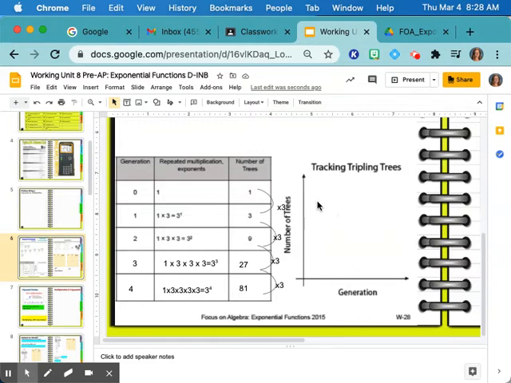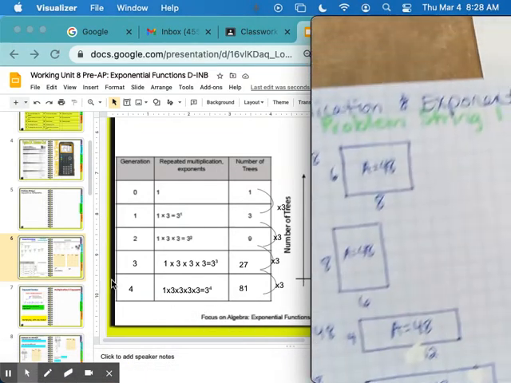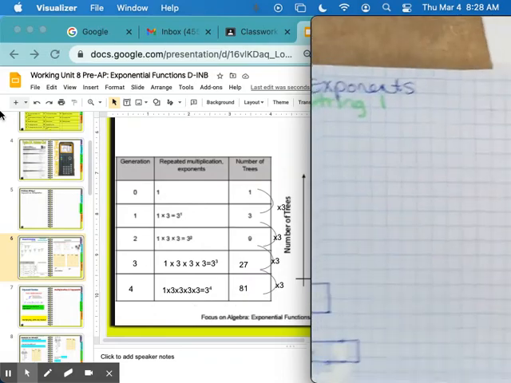Okay, so let's track it in our graph here. We need to go to at least 81 so we can get 4 generations on there. Do y'all want to do this in our journal? Yeah. So I'm going to just use up at the top of that problem string. I have a little bit of room that I can do over here.